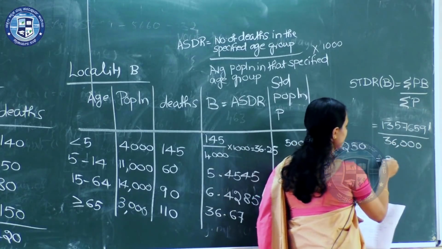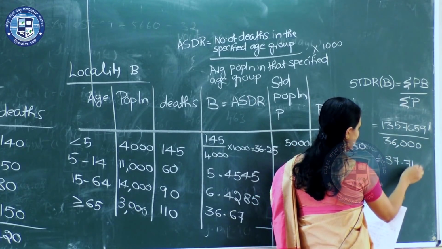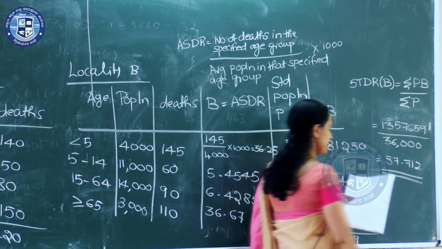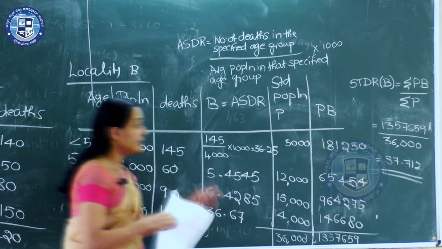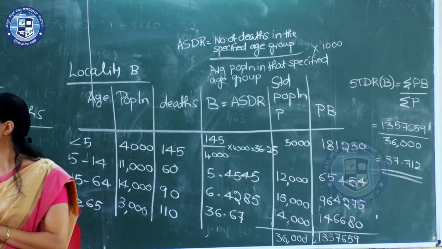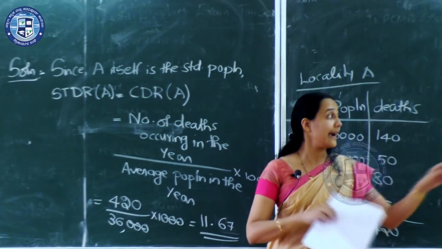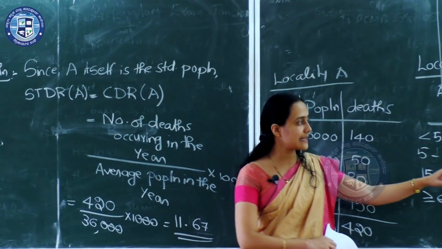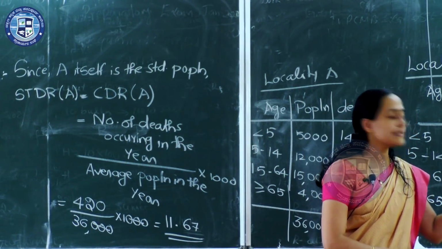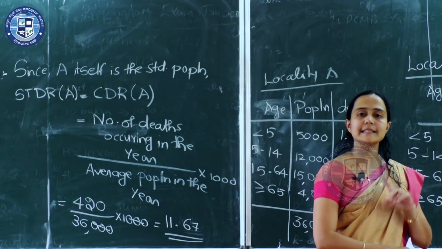Answer is here 37.712. So first STDR of A is same as CDR of A. Its answer is 11.67 and second STDR of B is 37.712.